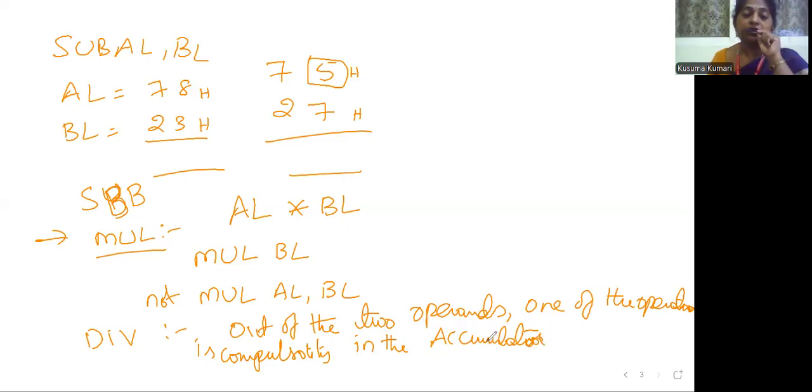So by default one operand is from the accumulator, and that's why we need not specify it in the instruction. Only the second operand should be specified.